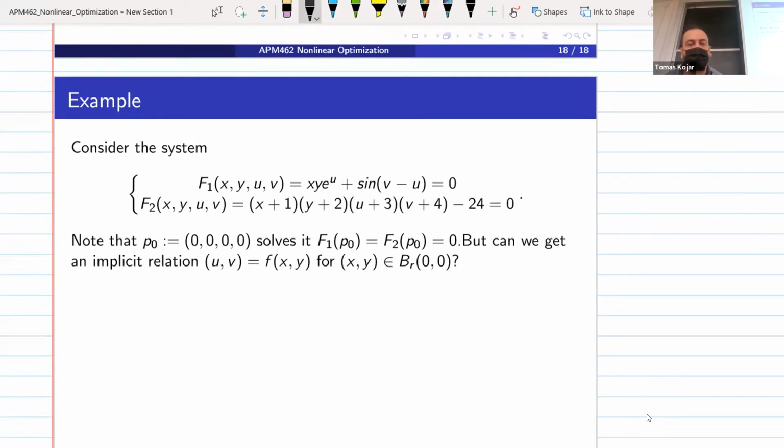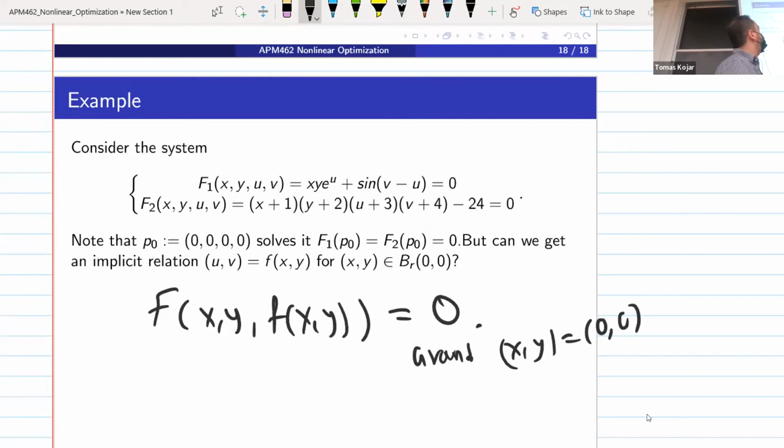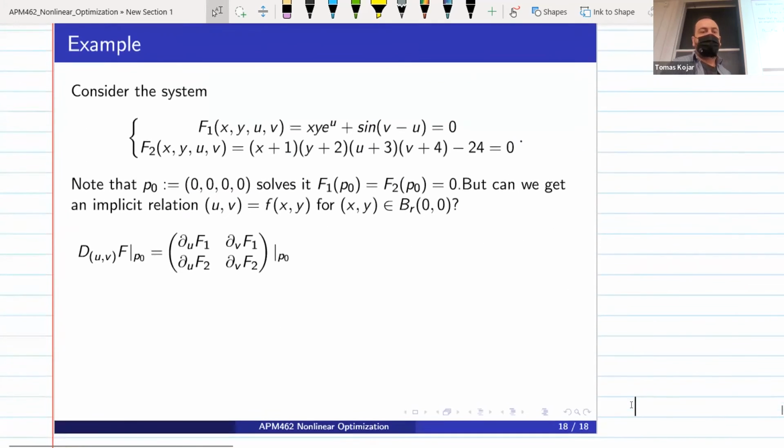Again, let me repeat: if you can find this, you reduced your system down to 2 variables, around (0, 0). Just to make sure we're on the same page. Good. So I have to compute the Jacobian. I have to compute derivatives in u and v. This is called the Jacobian.